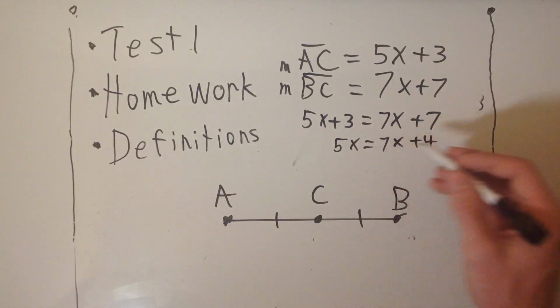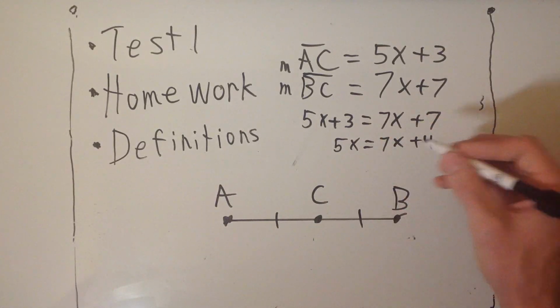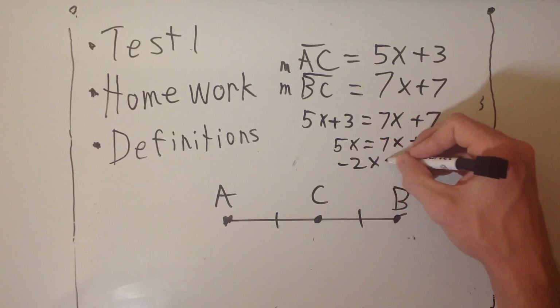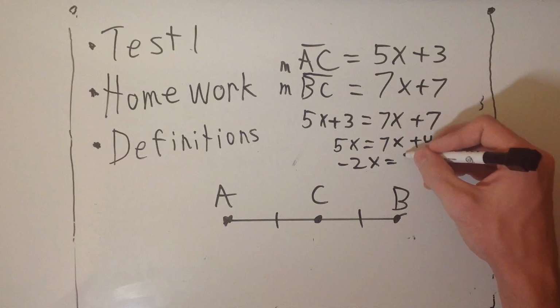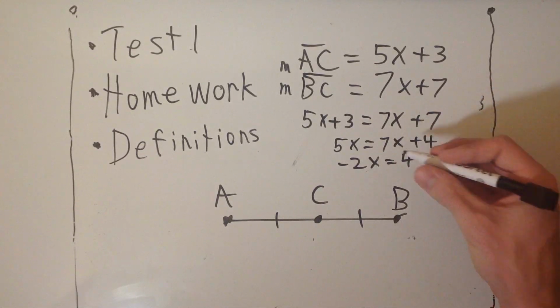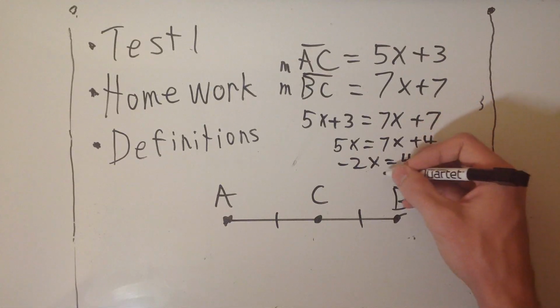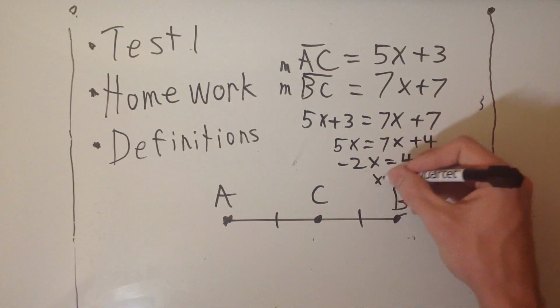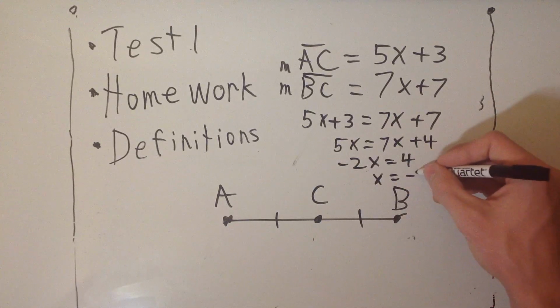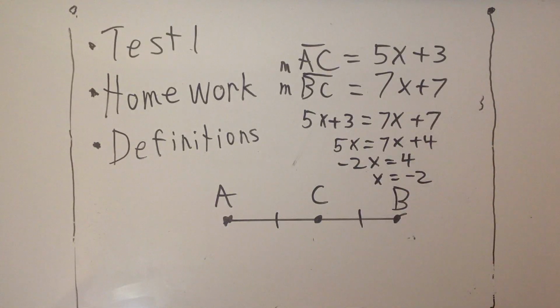We're going to subtract 7x from both sides to get it equal. So we got negative 2x equals 4. We divide by negative 2, and we get x equals negative 2.